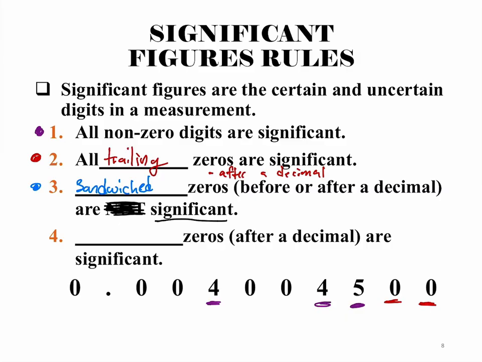So sandwich zeros, if we have any zeros in between significant digits, those zeros become significant. So that means these zeros right here are significant. Why? Because we have a non-zero digit here, non-zero digit here. So any zeros in between those have to be significant.